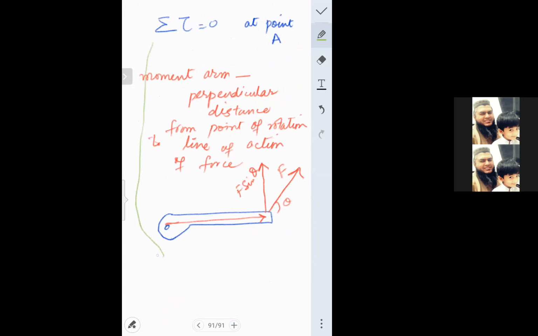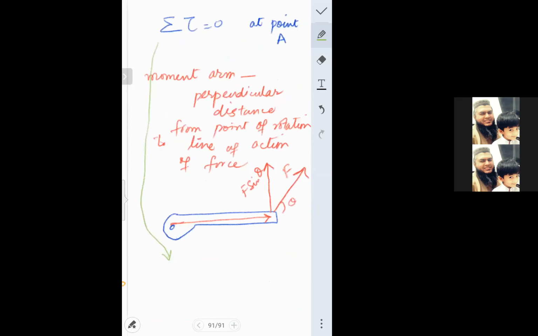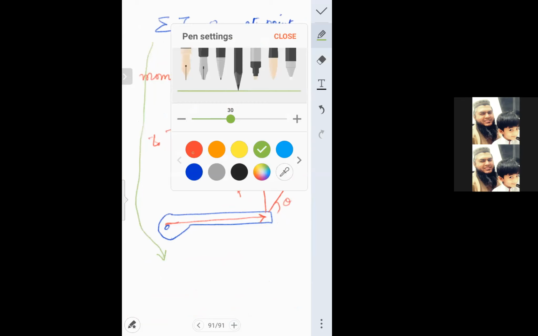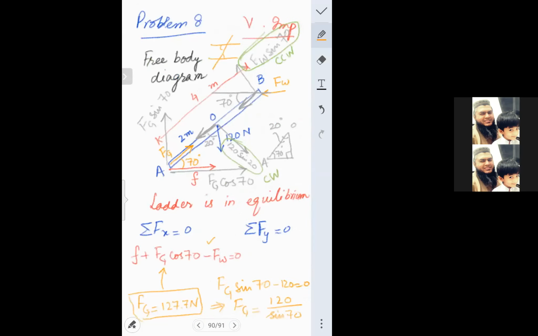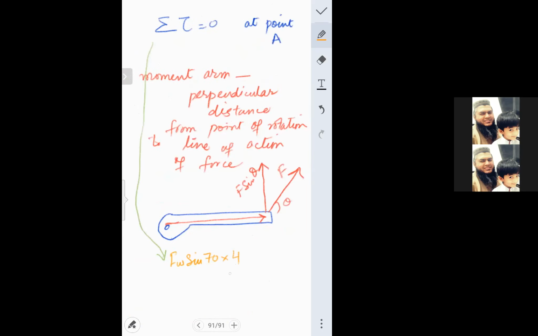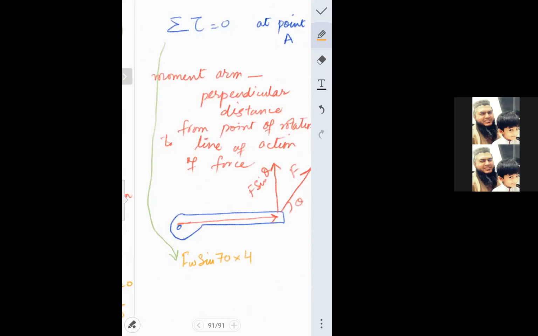So continuing from here, force into moment arm. Force is Fw sine of 70, and the moment arm is 4 meter because it is at a distance of 4 meter from A. So into 4. And since it is counterclockwise, I'm taking it as positive.